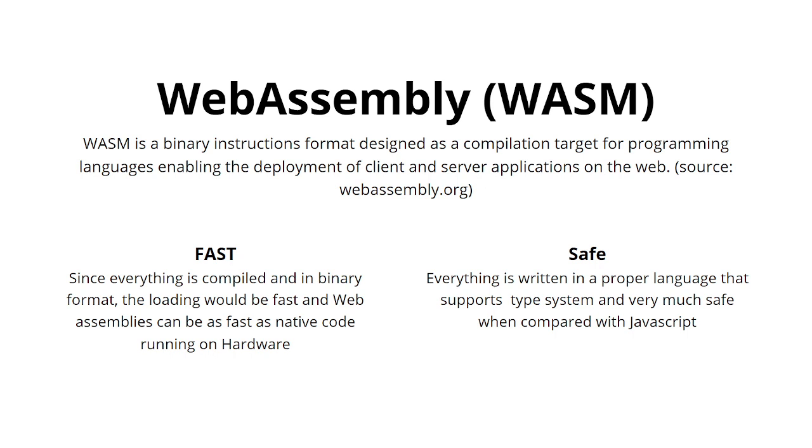Or to simplify this definition, it provides the execution platform or execution medium for various programming languages, and those programming languages can take advantage of browser APIs to execute the code written in their own language natively.